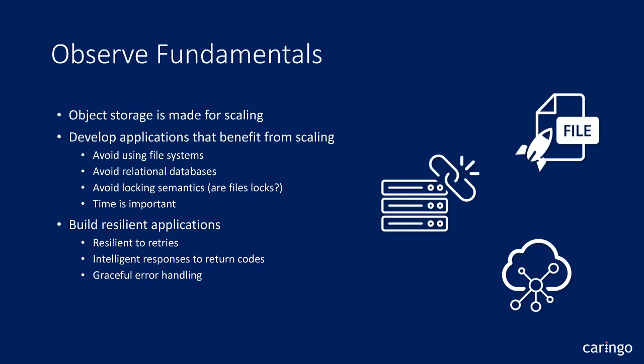So as new developers, we all learn to use files: fopen, fwrite, fread, close on a file. We learn to use file system directories, and that's kind of a crutch. That's a pattern that we see a lot of times: people come from file systems. They think in terms of folders and directories and subdirectories, and they bring that programming pattern with them to object storage.